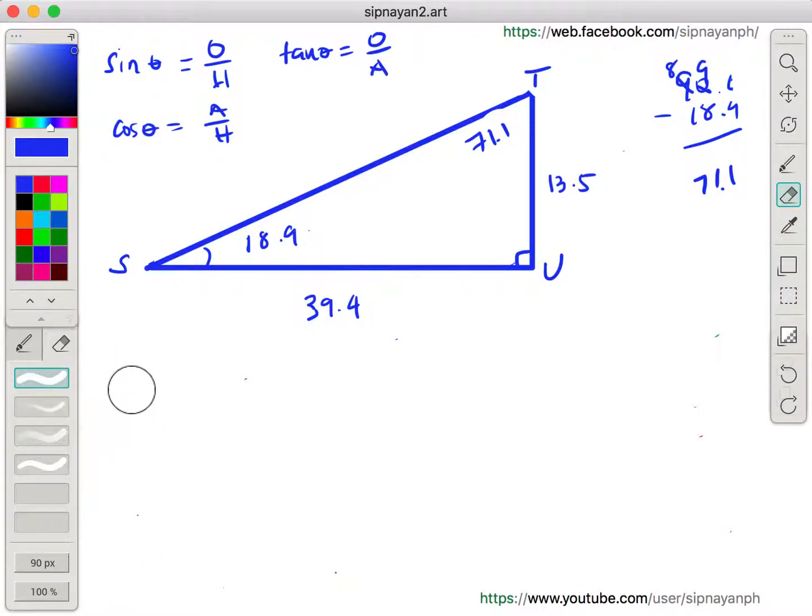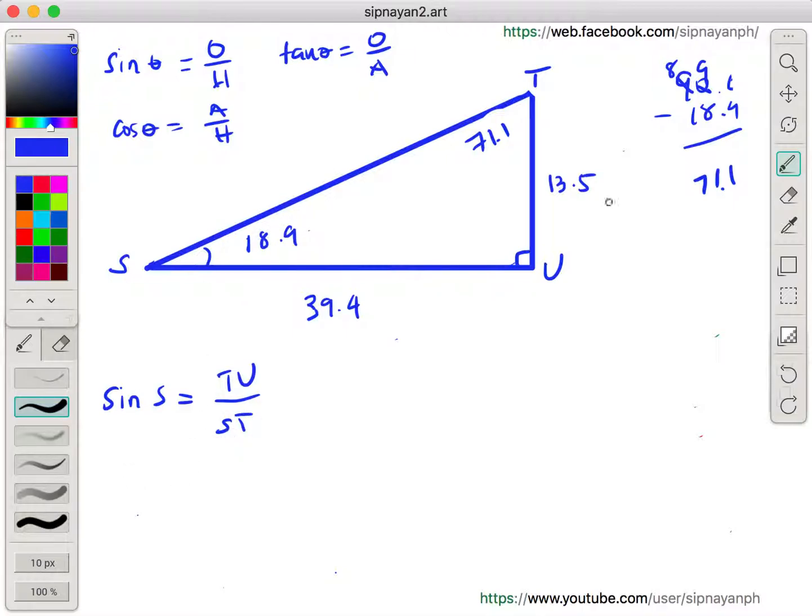So, pwede natin kunin yung sine ng S, opposite over hypotenuse, para makuha natin yung hypotenuse. So, sine S is equal to the opposite side over the hypotenuse, which is, sorry, TU pala to, opposite. So, opposite is TU over hypotenuse, which is ST.